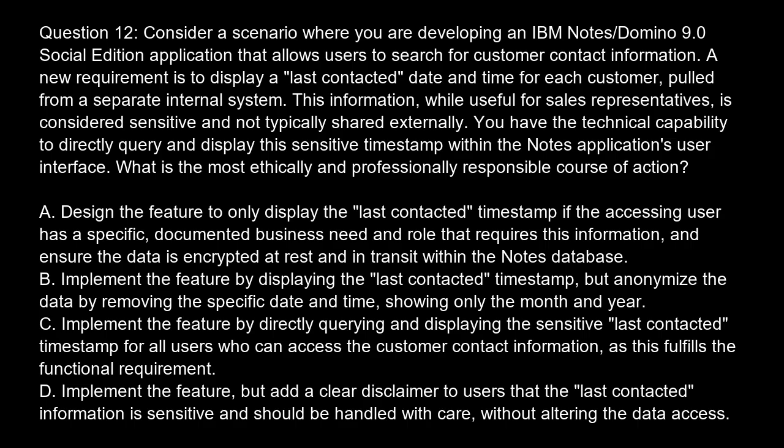Option C. Implement the feature by directly querying and displaying the sensitive, last contacted timestamp for all users who can access the customer contact information, as this fulfills the functional requirement. Option D. Implement the feature, but add a clear disclaimer to users that the last contacted information is sensitive and should be handled with care, without altering the data access.